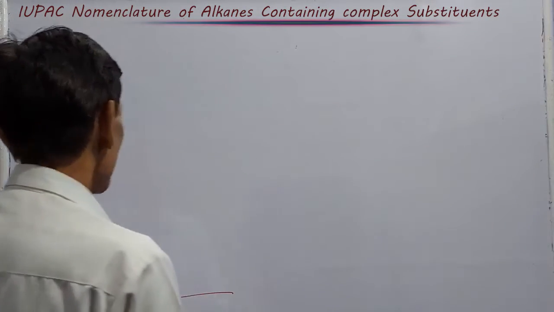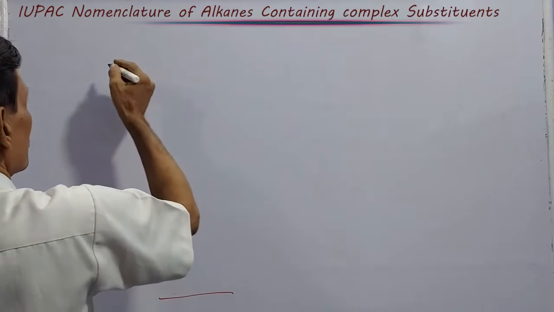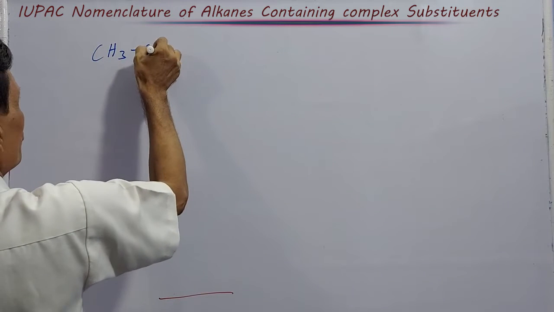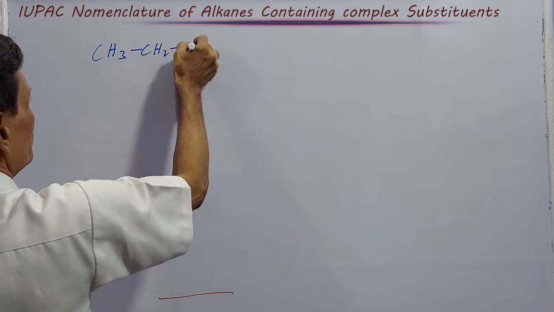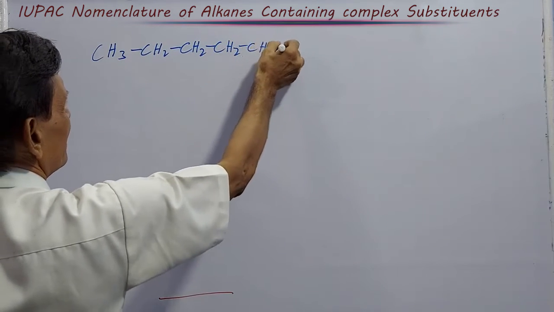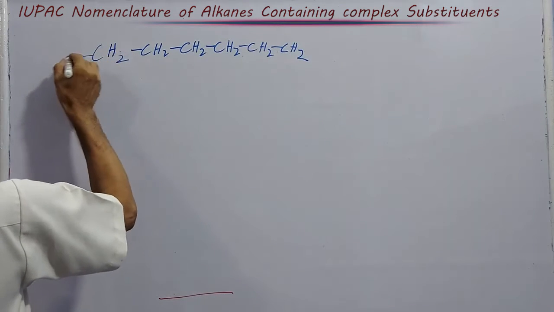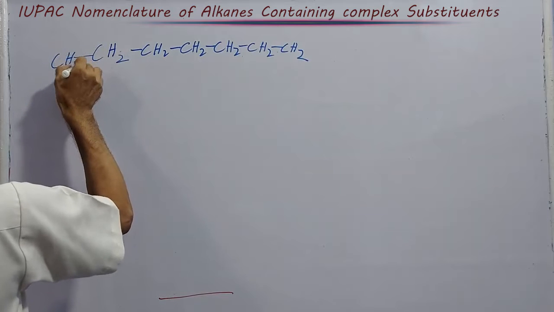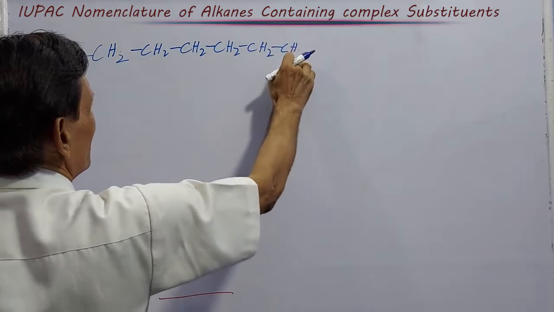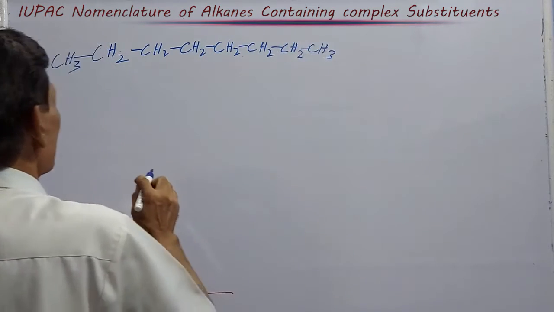That example explains a hydrocarbon containing a complex substituent. Here CH3, CH2, CH2, CH2, a little bigger chain I am taking so that any confusion can be avoided. 1, 2, 3, 4, 5, 6, 7, a bigger chain, CH2, CH3 for example.